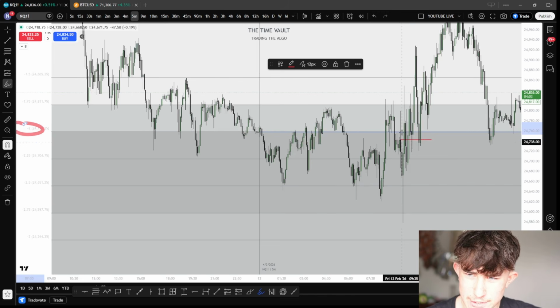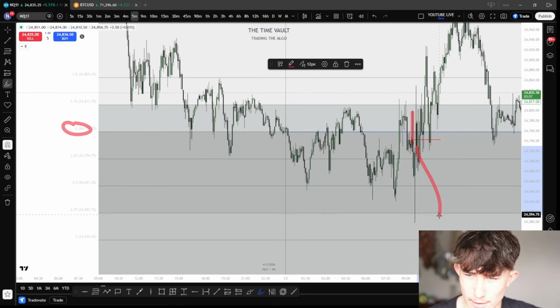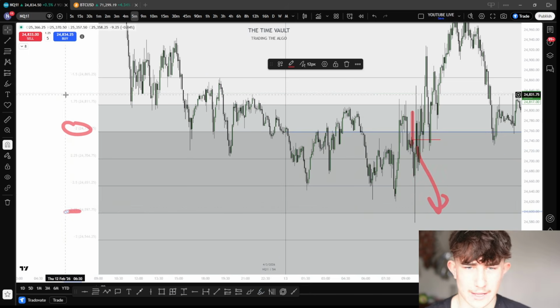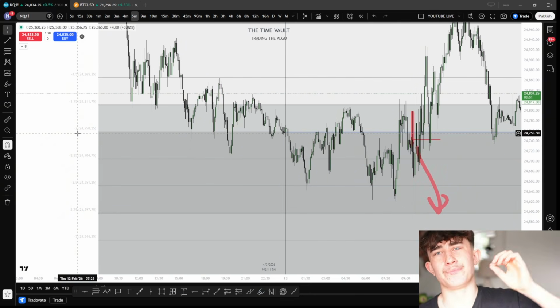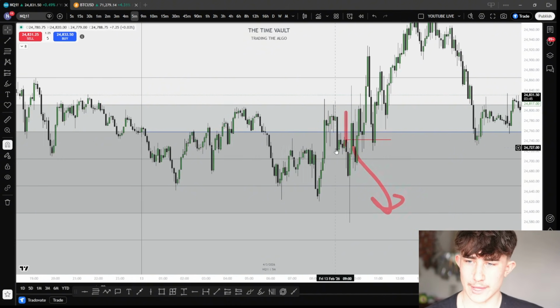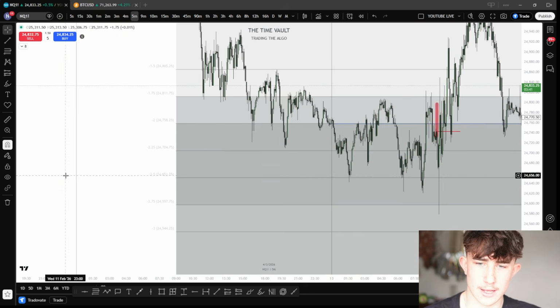When this -2 gets hit, this forms our first Judas, which then comes down, and then we reach down into -2.75. The price level itself isn't too important. What is important is what happens after we reach these price levels.